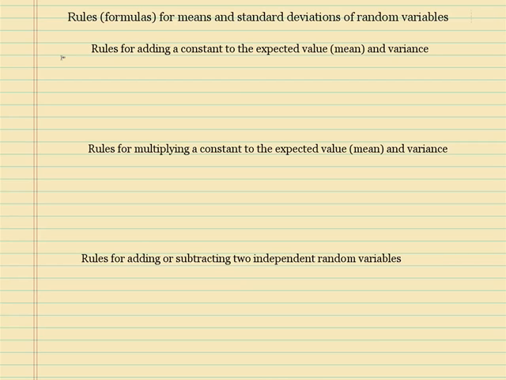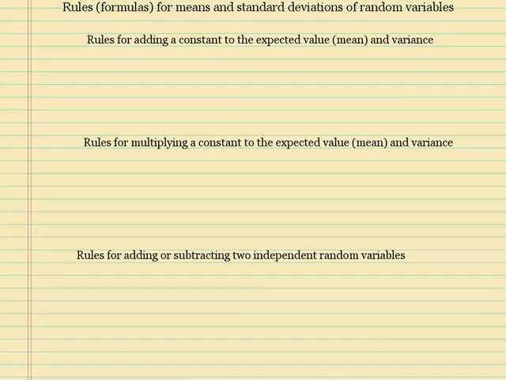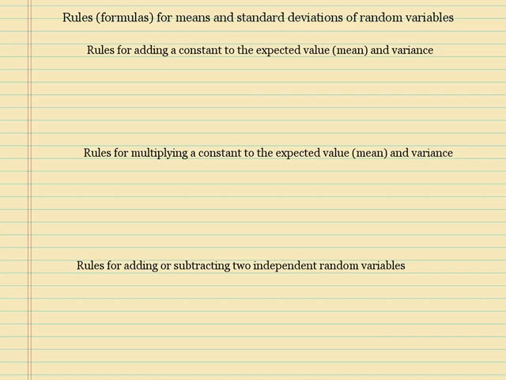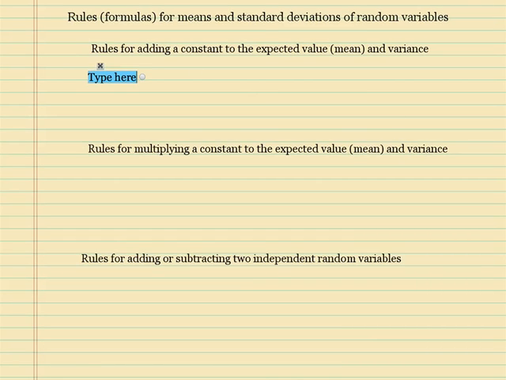But when you add a constant to the standard deviation, it doesn't add to the standard deviation. That was something we learned in the past, but this stuff's a little more complicated, but not too bad.